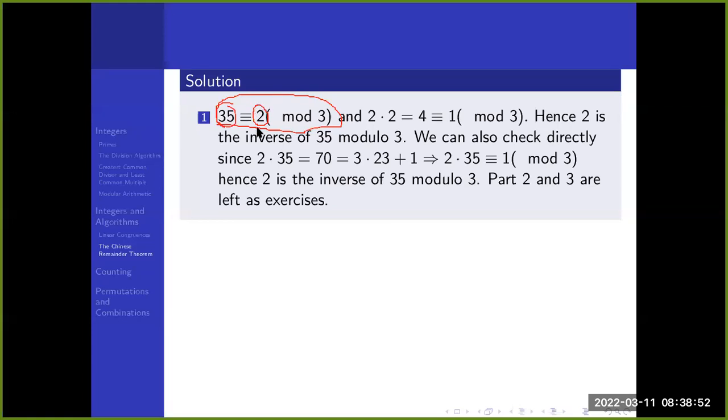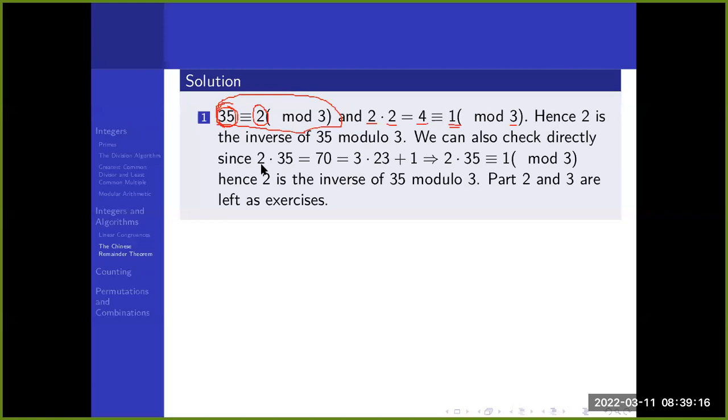So if you can find the inverse of 2 modulo 3, you are done. If you multiply 2 by itself, you will get 4, and 4 is congruent to 1 modulo 3. So it turns out that 2 is its own inverse modulo 3, because when multiplied by itself, it's congruent to 1 modulo 3. So 2 is its own inverse, and therefore it's also the inverse of 35 modulo 3.